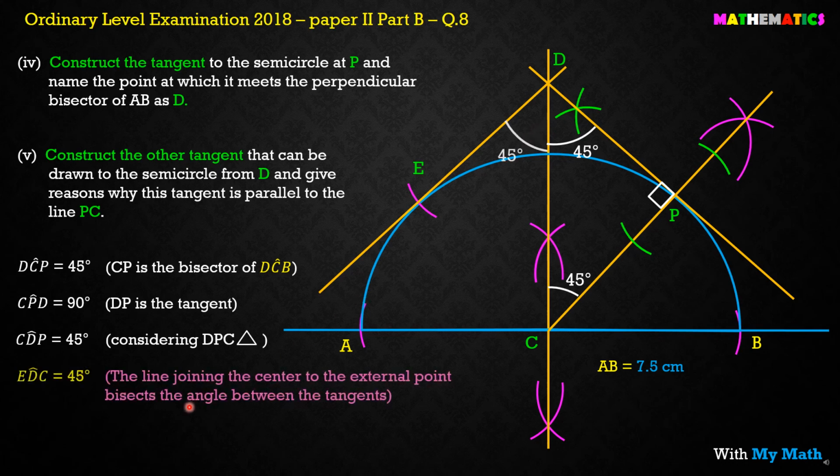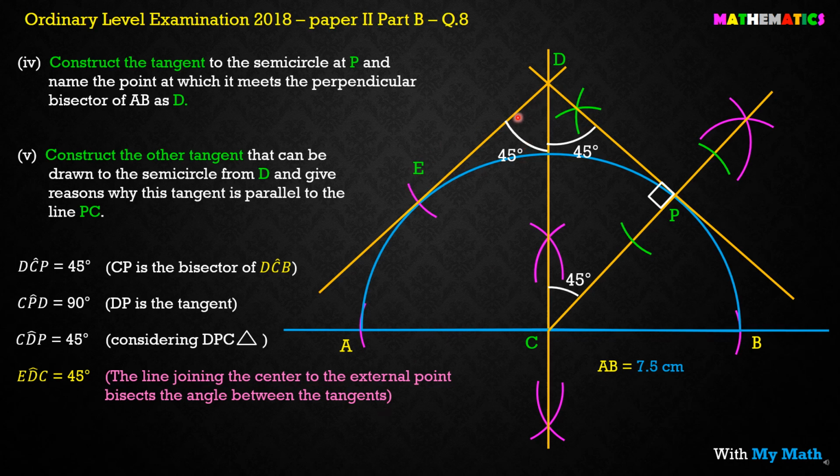So what about this angle? There is a theorem like this. I mentioned that EDC also equals 45 degrees. Why? The line joining the center of the circle to the external point, that means this line DC, bisects the angle between the tangents.